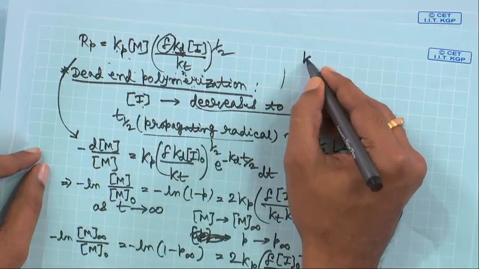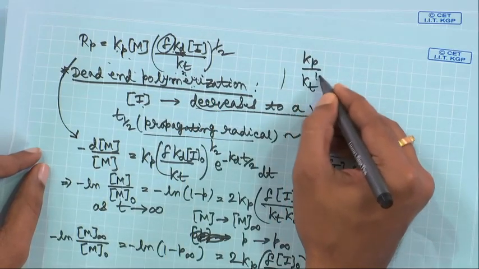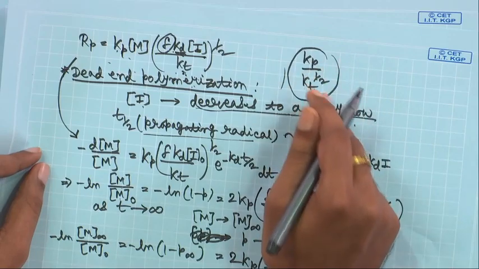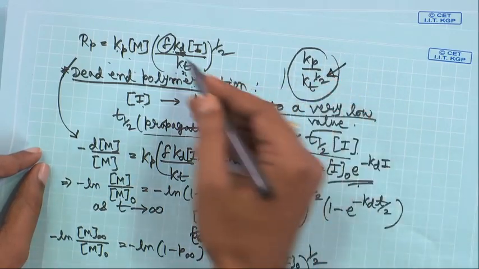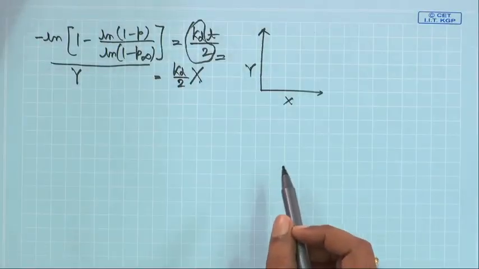And I also told you that this term is very important, because it is appearing almost everywhere. So, independently you can find out this value, and k d also you can find out from this technique.